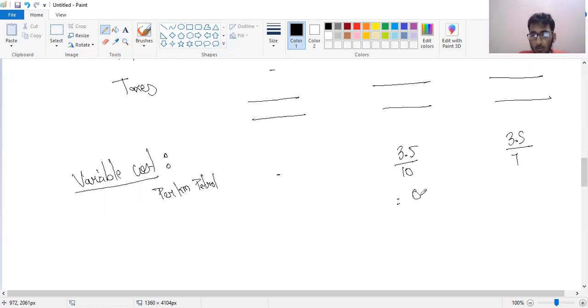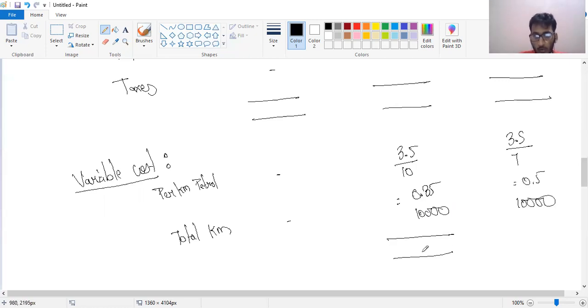So I can say 0.35 or 0.5. Total kilometers traveled is 10,000 and 10,000. So total variable cost would be 3,500 and 5,000.